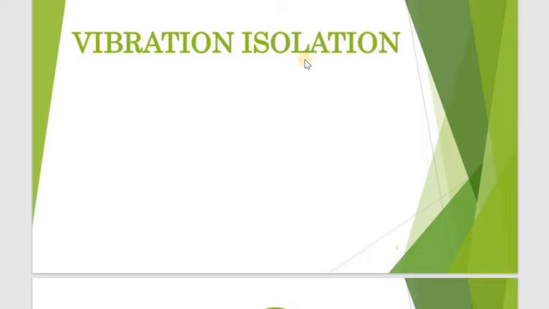Buildings are mounted on the earth surface, and if the earth surface is vibrating, and if there is no mechanism to reduce the vibration that is being passed to the building, it will result in destruction. So I need to isolate the building from the ground where vibration is possible. That is the concept of vibration isolation.